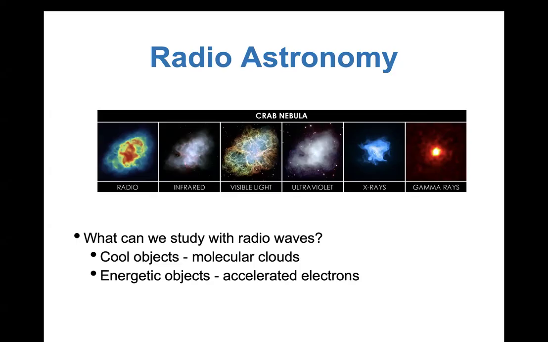And on the whole other end, we can explore incredibly energetic objects, because around things like black holes, there are electrons accelerated to incredibly fast speeds, a significant fraction of the speed of light. And in doing so, their acceleration paths act like giant antennas.